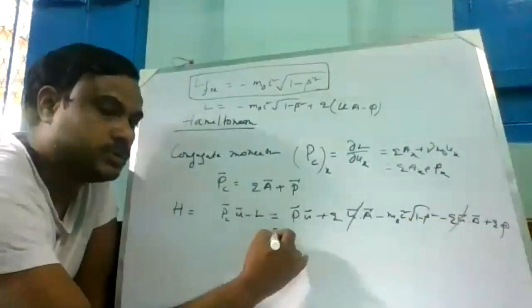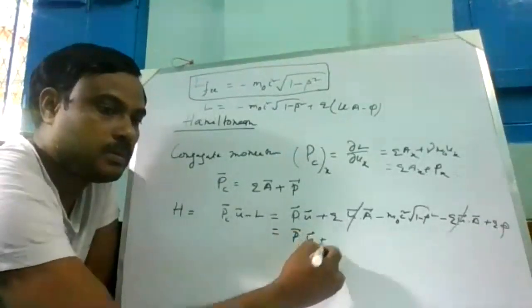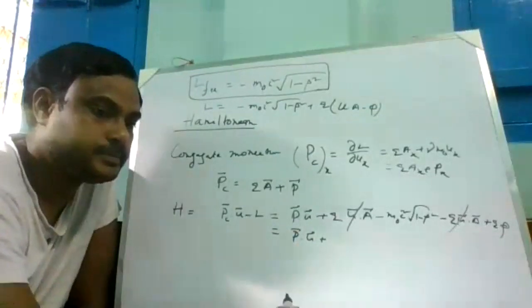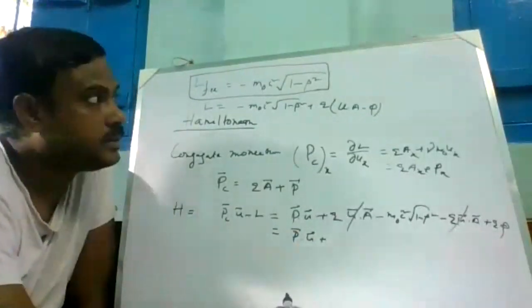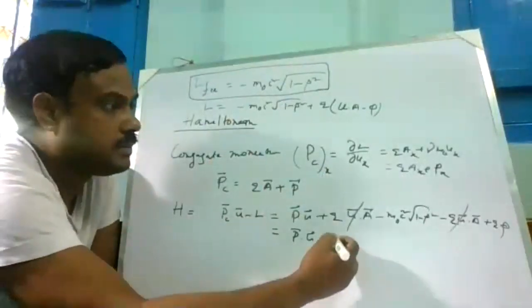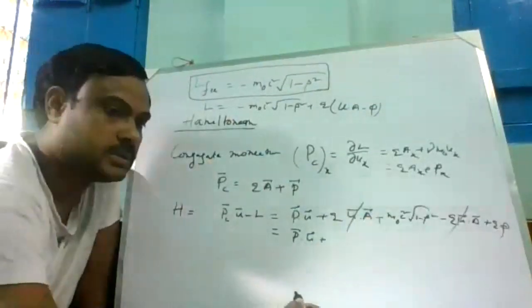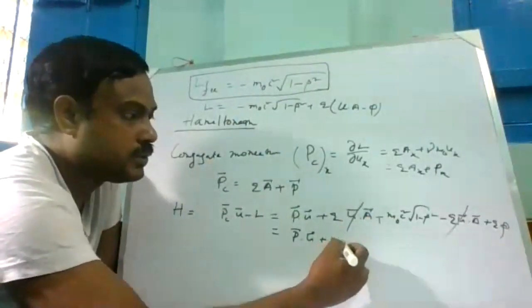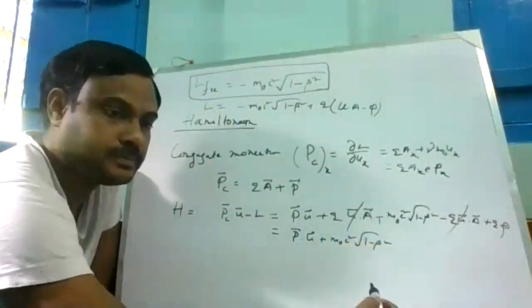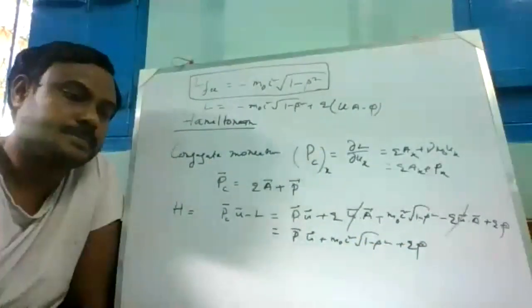So this comes out to be P dot u plus m0 c² over the square root of 1 minus β², plus qφ. So this is the Hamiltonian.